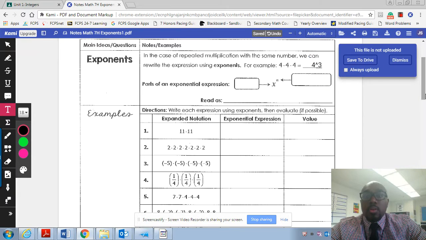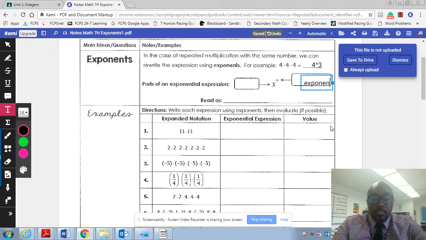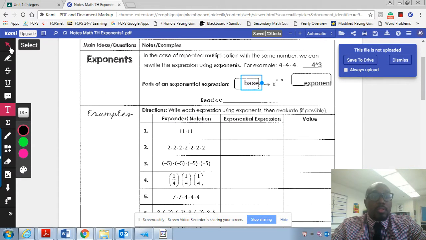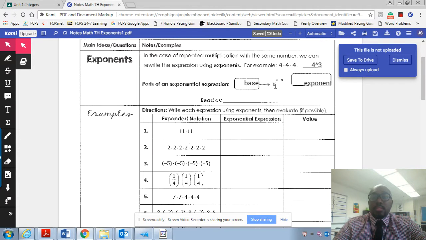Okay, so when we're talking about exponents, this n is the exponent, and the x is known as the base. Remember, the x or the base is the larger number at the bottom, and the smaller number up top is the exponent.